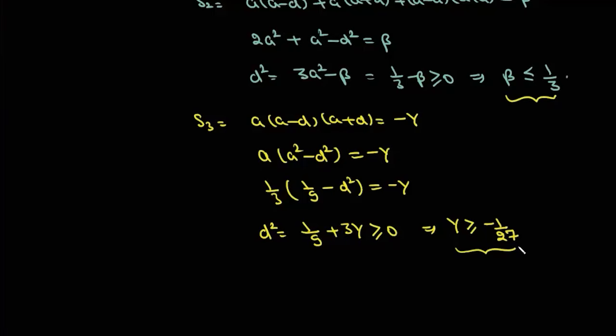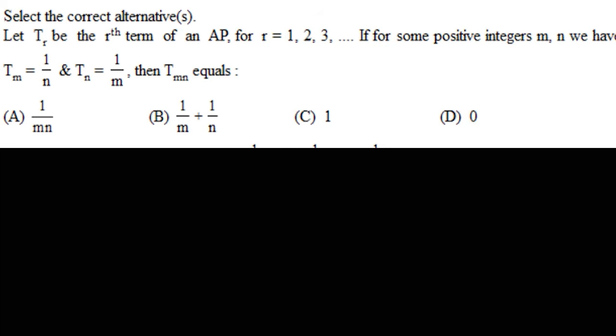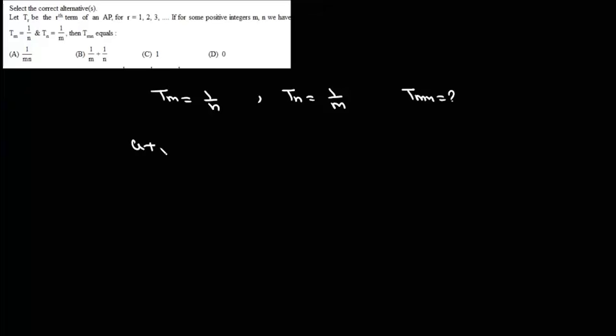Now here the question is, for an AP, the mth term is 1 by n and the nth term is 1 by m. We will find its mnth term. It's a very simple question. Now the mth term is a plus (m minus 1) into d, and it is 1 by n, and the nth term is a plus (n minus 1) into d, it is 1 by m.